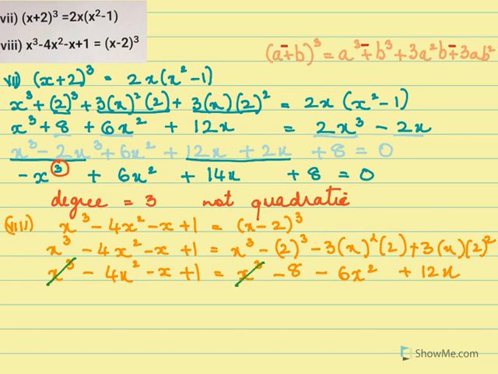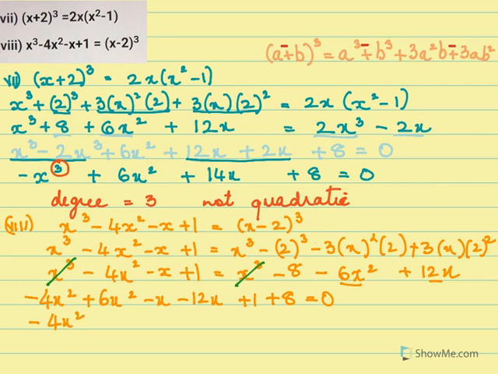Here the cube gets cancelled on either side. We bring all the x square terms together: minus 4x square, there's an x square here, plus 6x square, minus x here, minus 12x. So we have plus 1 plus 8 equal to 0.